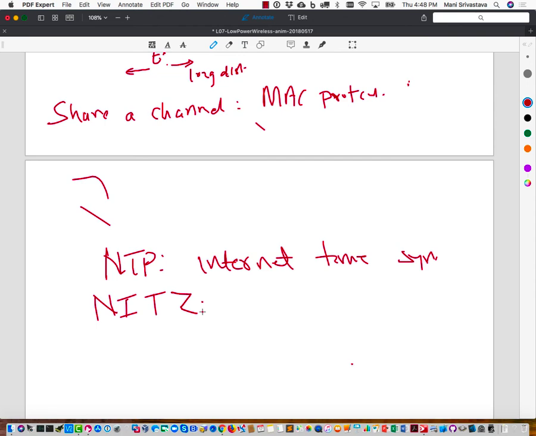In fact, if you have Android phones which are not on the cellular network, so you are maybe just using them with Wi-Fi, then they never synchronize because they are not using NITZ. So you pick these things and they could be significantly far apart.